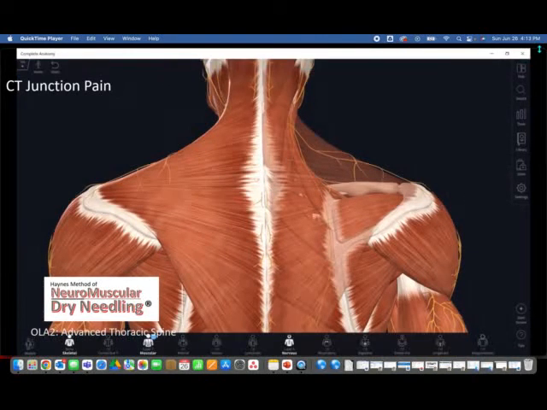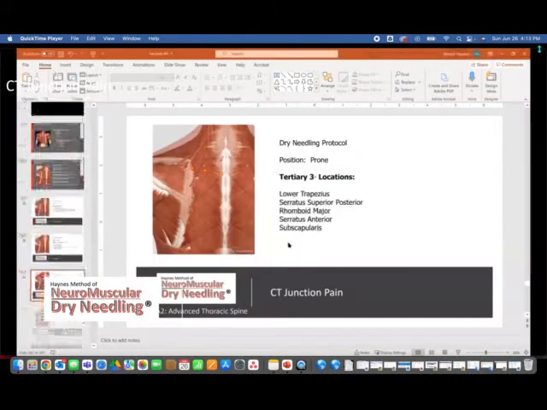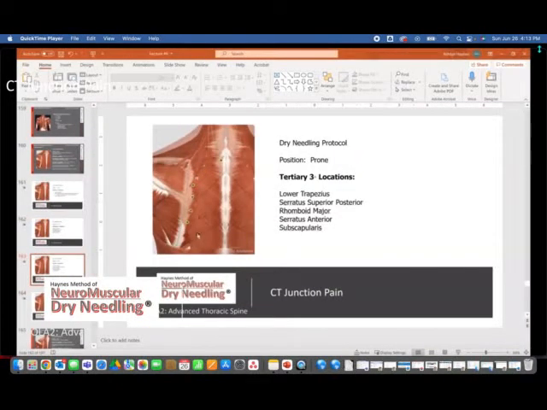And then we'll come down and look again at our tertiary. Here we'll have the lower trapezius, serratus superior. Well, let me come back. Rhomboid, levator, middle trap, not so, it's in our tertiary that we have the serratus posterior superior. We can also catch rhomboid minor in that same area at its insertion.